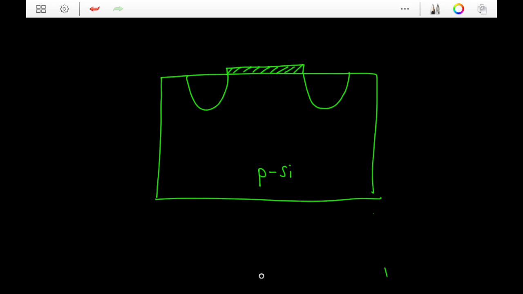For those of you who don't want to read the textbook, this is the simplified diagram of a MOSFET. I'm talking about an NMOS here, let me mention that since the beginning. The structure of NMOS looks like this. You have a P-type body. This is your drain, this is source.